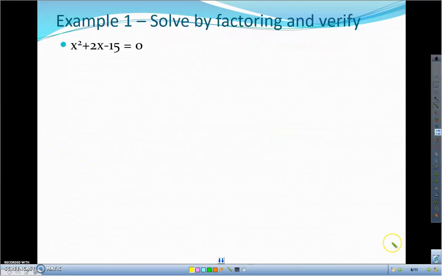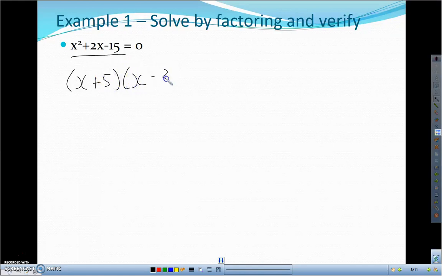x-axis. In this question, we're asked to solve by factoring. So we factor this expression. Two numbers which multiply to minus 15 and add to 2 are 3 and 5. So this is x plus 5 times x minus 3 is equal to 0.